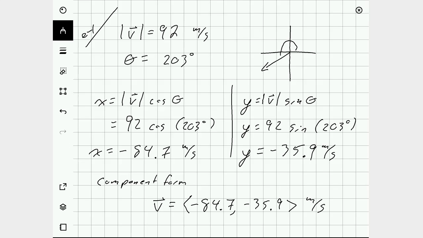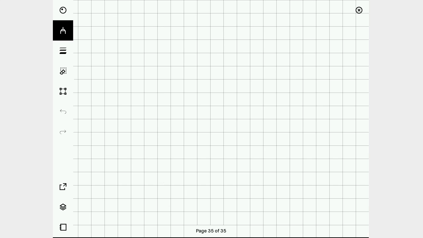There is another way of writing vectors that is fairly common, and that thing is called unit vector form. Some people like unit vector form because it allows you to be a little bit more flexible in how you write out the vector, but it's really going to give you the same thing.